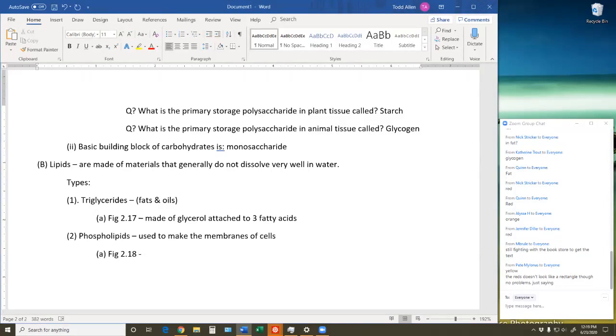Each phospholipid is made of a glycerol molecule attached to 2 fatty acids. There are actually some other things here, but I'm giving you the core of it at this moment. Made of glycerol plus 2 fatty acids. So you can see that chemically speaking, phospholipids and triglycerides are very similar.